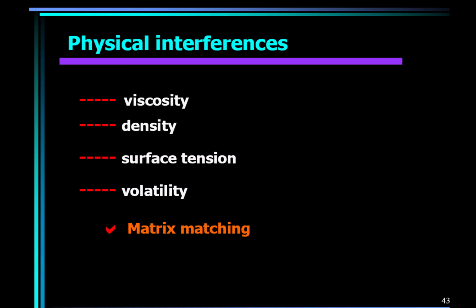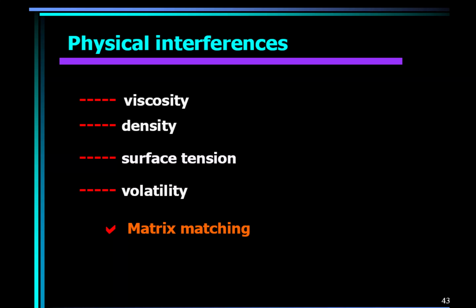So what you need to do for all this is matrix matching. Everyone has done HPLC except a few. How many have not done HPLC yet? There's one group I know who have not. Remember, in HPLC, if I make people prepare 70 to 30, that's the solvent you use. That's like matrix matching.